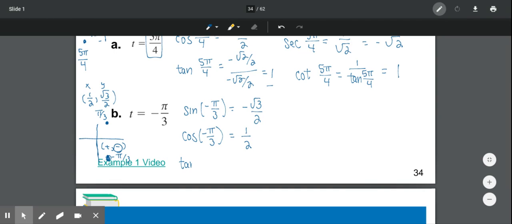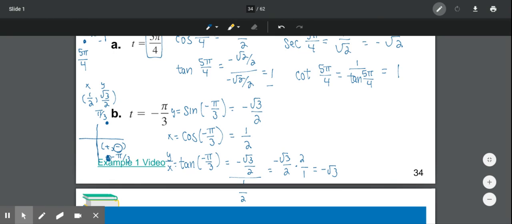And then our tangent at negative pi over 3, and remember the sine was your y coordinate and the cosine was your x coordinate, and the tangent is y over x. So our tangent is y, negative root 3 over 2, over x, which is 1/2. So when we divide fractions, we would say negative root 3 over 2 times 2 over 1, which would just be negative root 3.